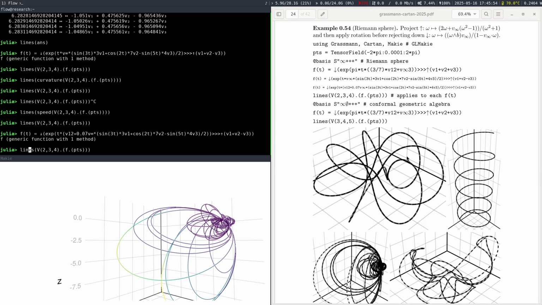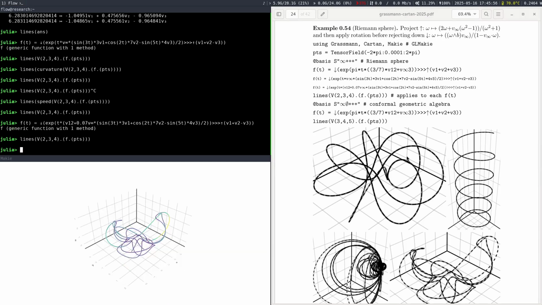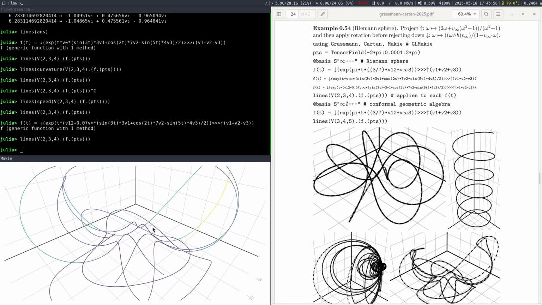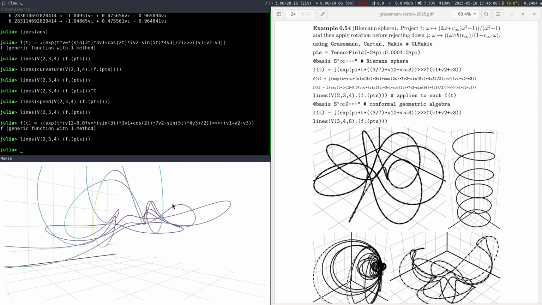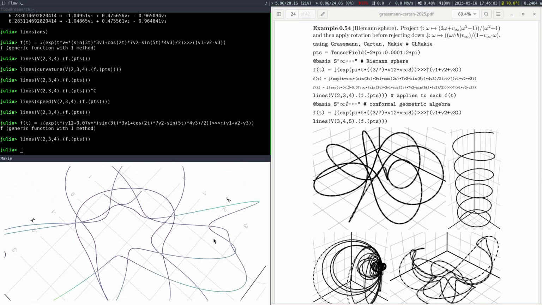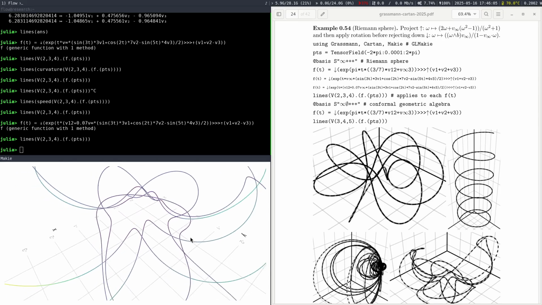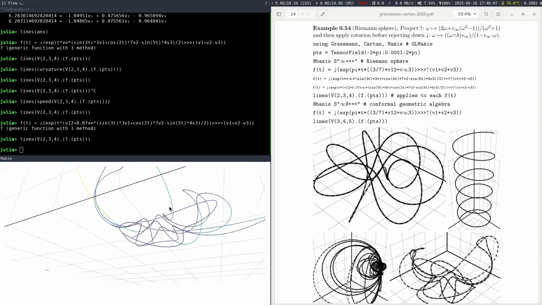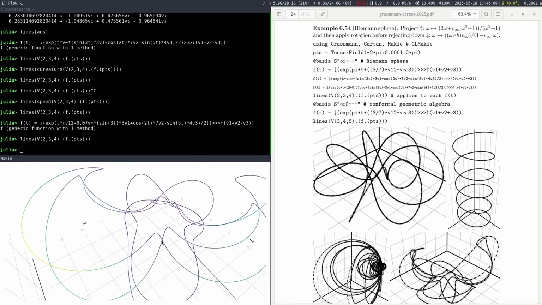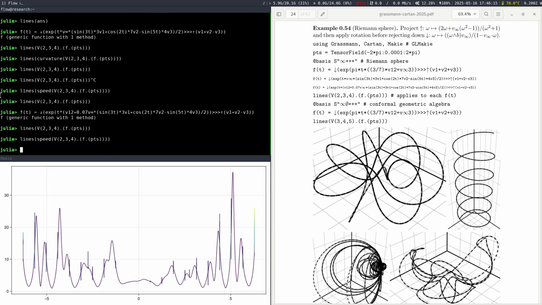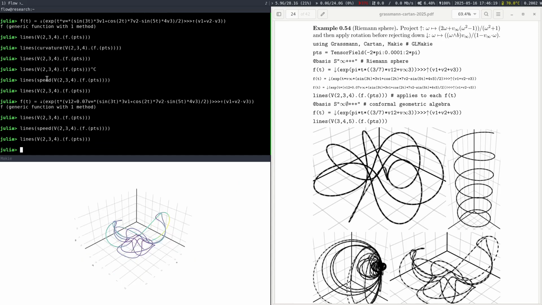Let's take a look at this one. Yeah, so it's just another one of those examples. Let's see about the speed of this one. Okay. Yeah. Alright.